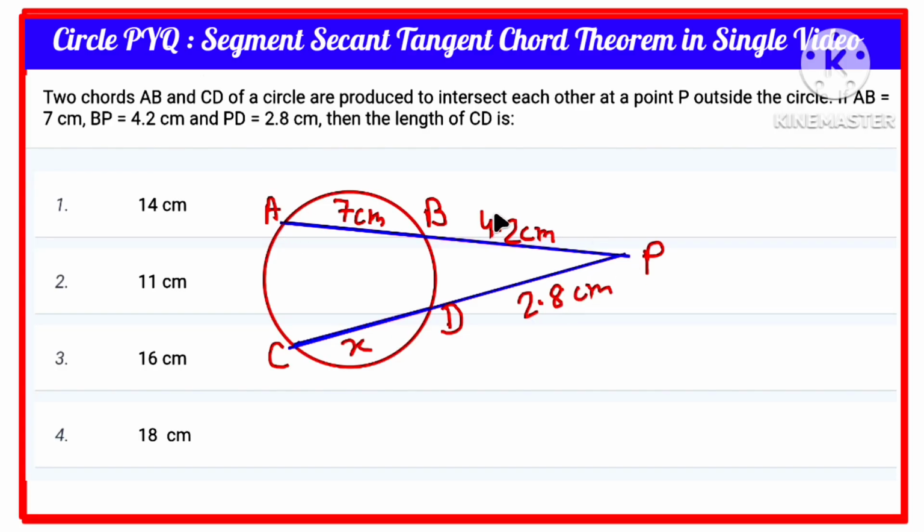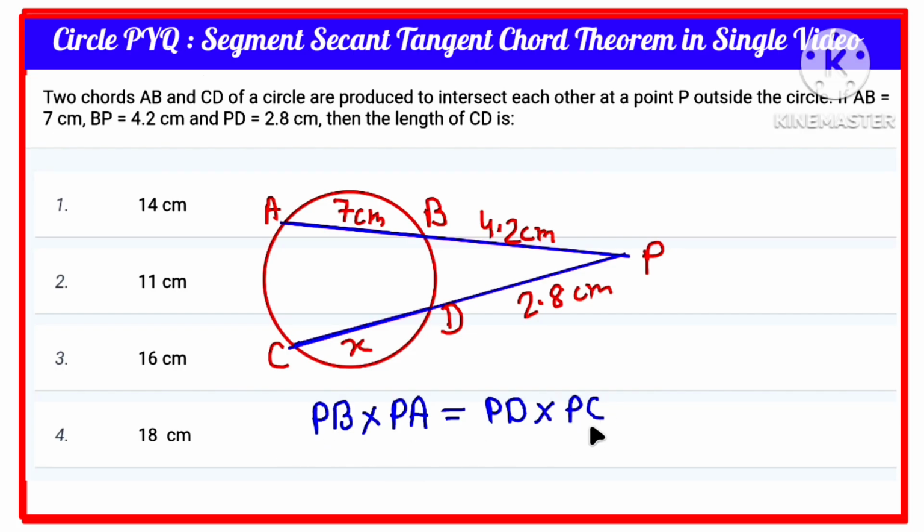That is, if two chords are meeting externally at a point, here it is P, then from P we will go till B this much, that is PB, multiplied by, again you will start with this P, will go till here, that is PA, will be equal to, from here again you will start, that is PD this much, multiplied by, again you will start from P, PC. So this is the theorem.